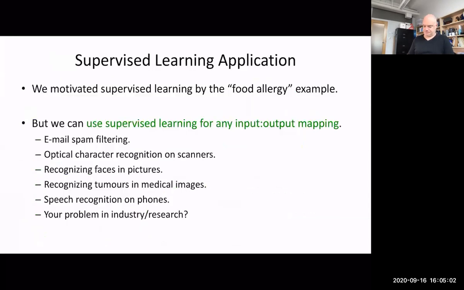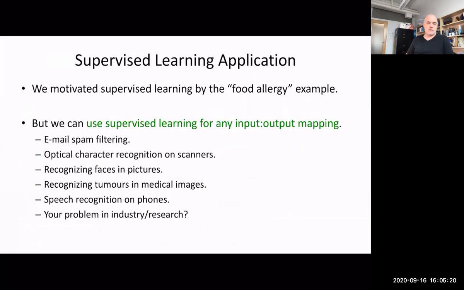And we've been talking about this food allergy example, but of course it's just one teeny tiny, kind of silly motivating example for a much broader endeavor, which is supervised learning, right?